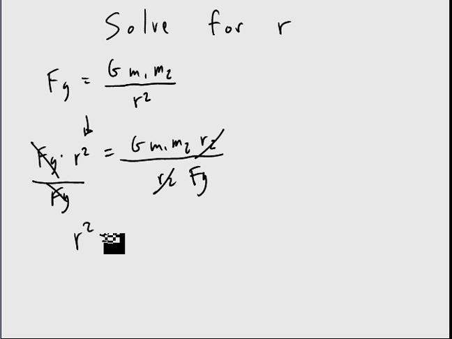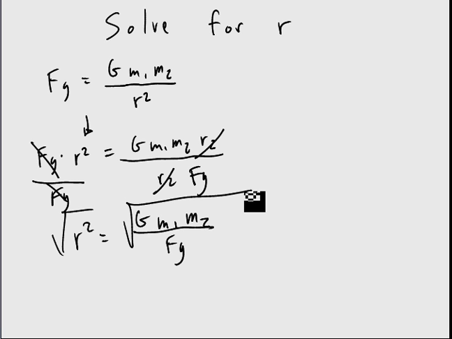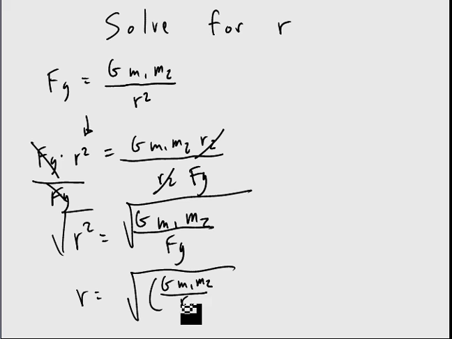So we'd be left with r squared equals G m1 m2 over Fg. But I want to solve for r, not r squared. So if I take the square root of both sides, I get r equals the square root of the quantity G m1 m2 over Fg.